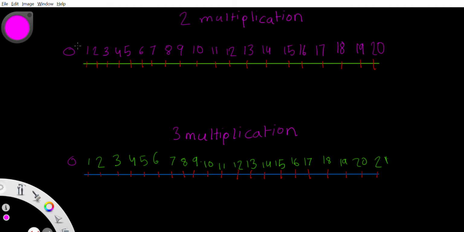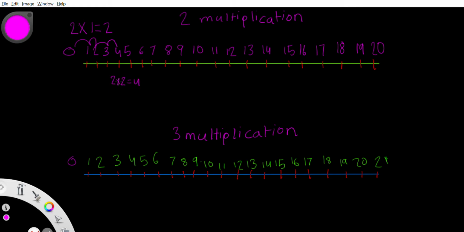So we have 0, we add 1, 2, and so 2 multiplied by 1, it's only happened one time, will be 2, and the number we ended on was 2. And if we go 1, 2 and we stop, we have 4. 2 times 2 equals 4.